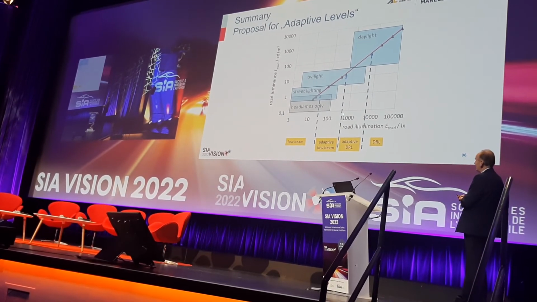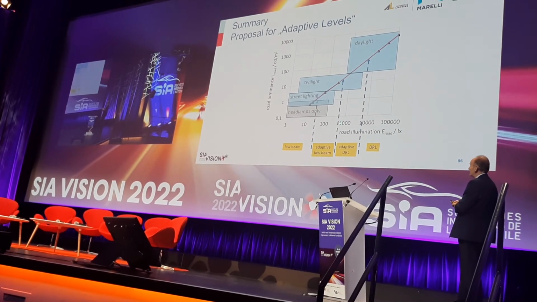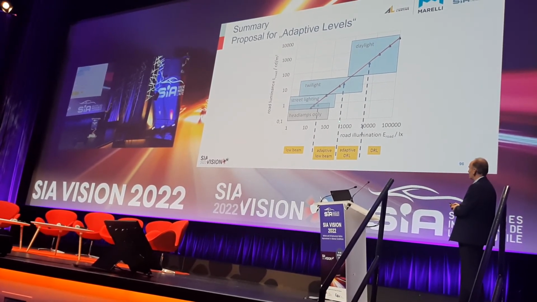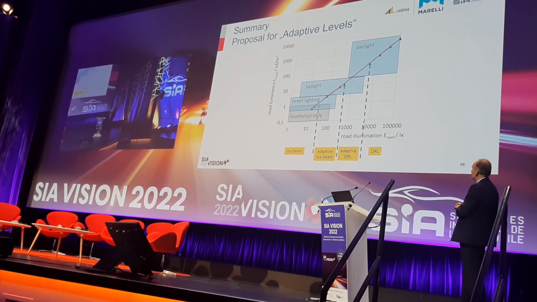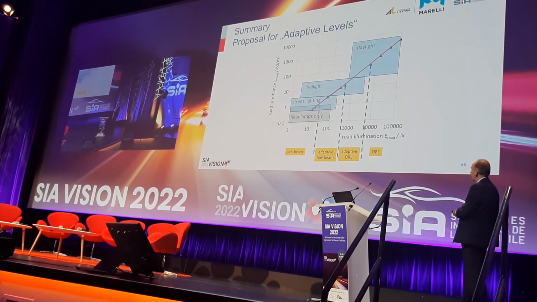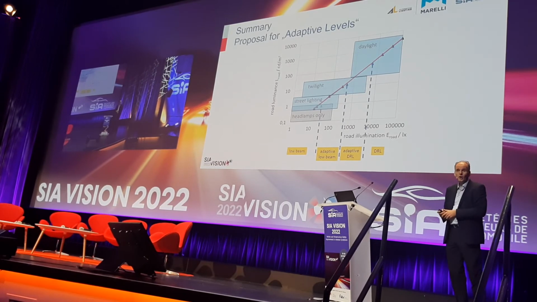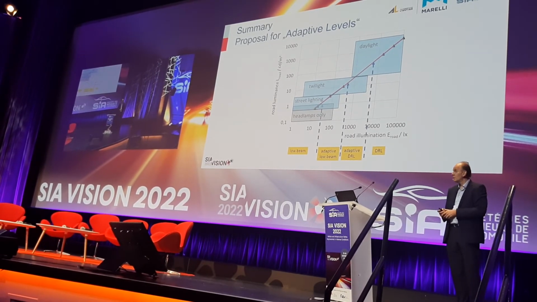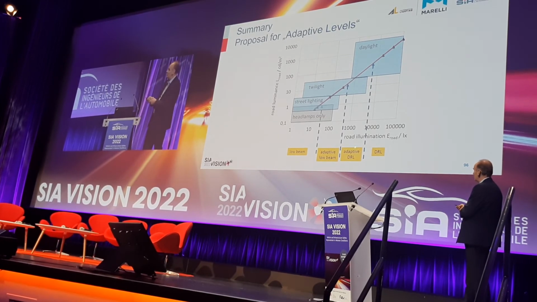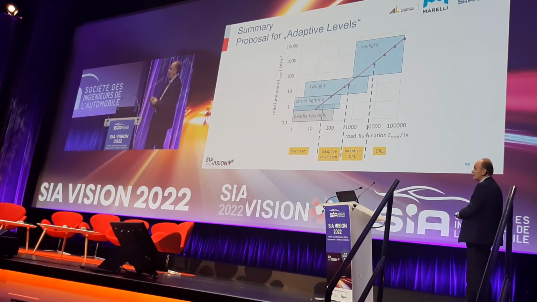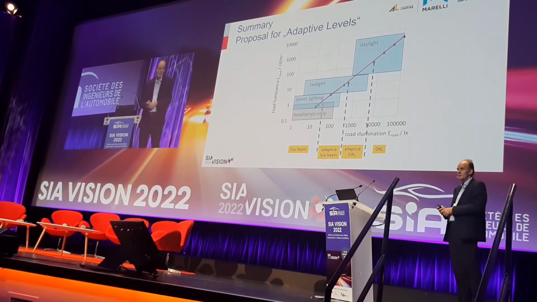So we can start with a DRL that is perhaps 50% reduced in power consumption, and dim it up to 100% at a higher level of illumination on the road. Then we end up with a low beam, an adaptive low beam, an adaptive DRL, and a full DRL as we have it today.